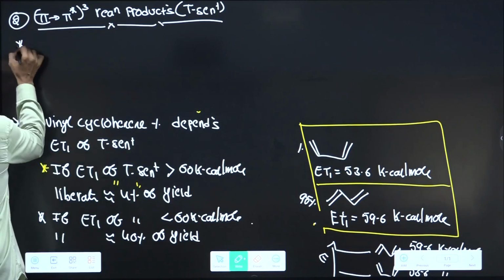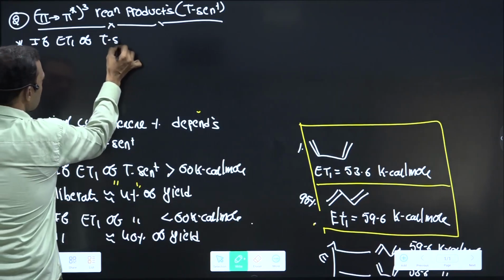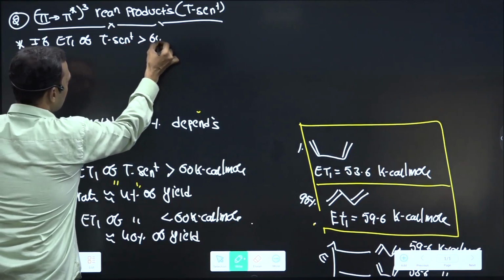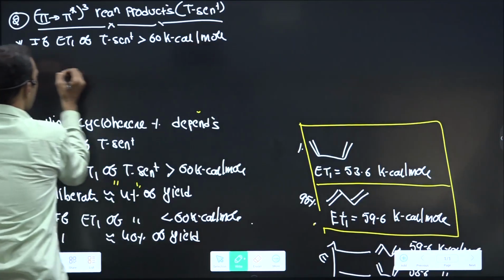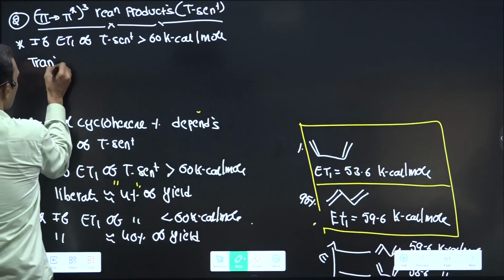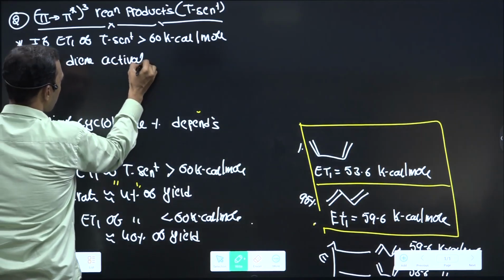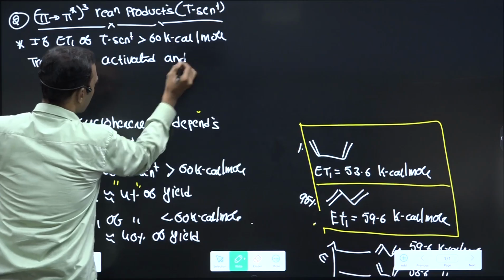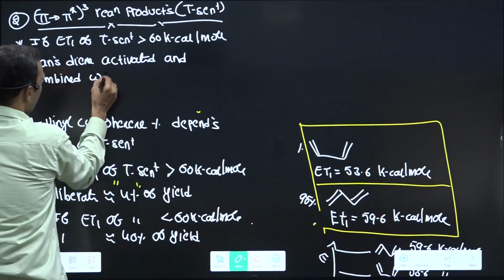Here you write one point. See, if ET1 of triplet sensitizer is greater than 60 kilocalorie per mole, trans diene is activated and combined with which one?